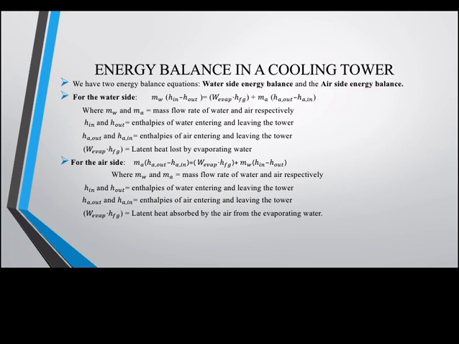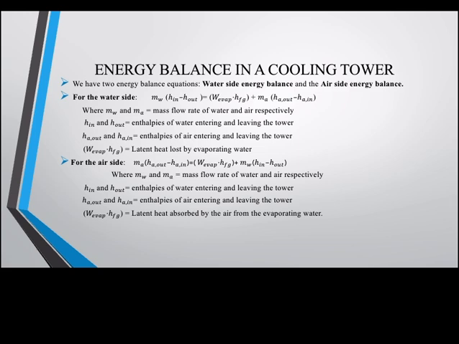Energy balance in a cooling tower. For a cooling tower, we have two energy balances, one from the water side and one from the air side. For the water side, we have MW, the mass flow rate of water, times the enthalpy of water in minus the enthalpy of water out, equals W evaporate times HFG.